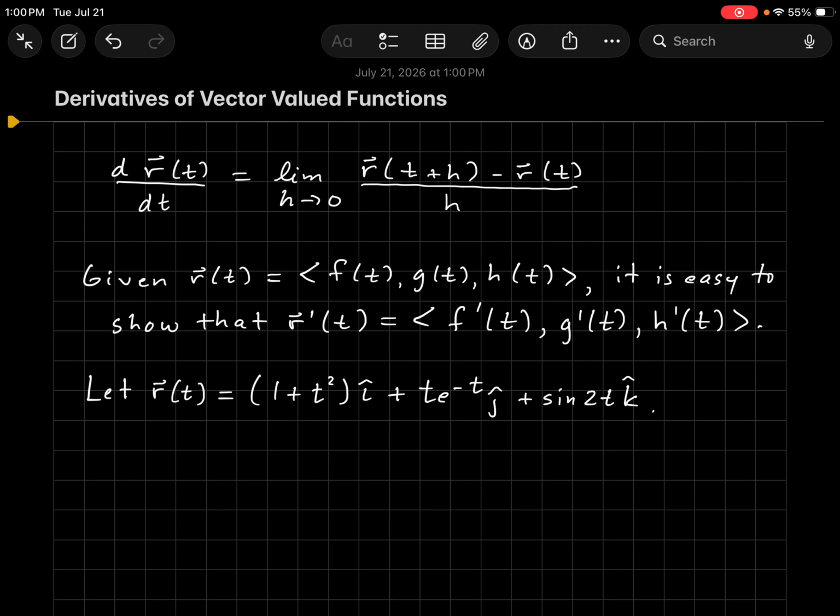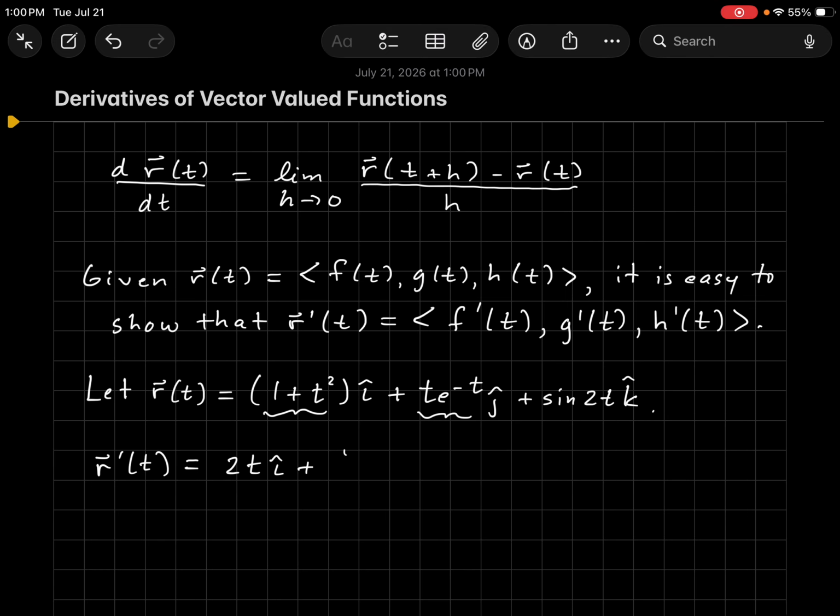An example: let r of t equal 1 plus t squared i, plus t e to the negative t j, plus sine of 2t k. Then r prime of t is the following. It's the derivative of the first piece, 2t i, plus the derivative of the second piece, which corresponds to j.